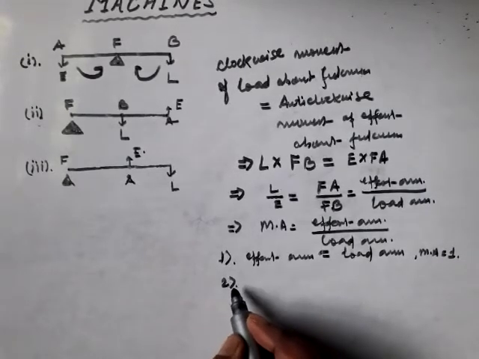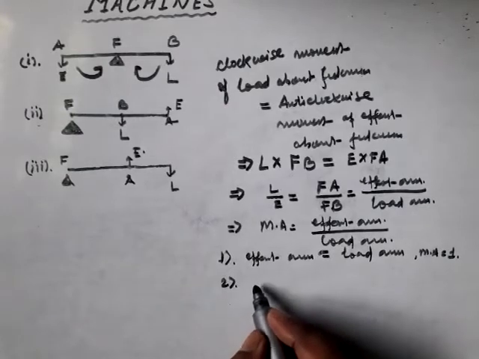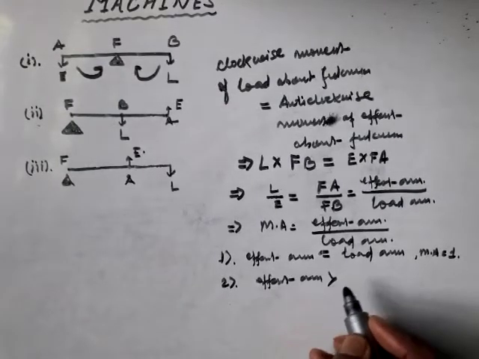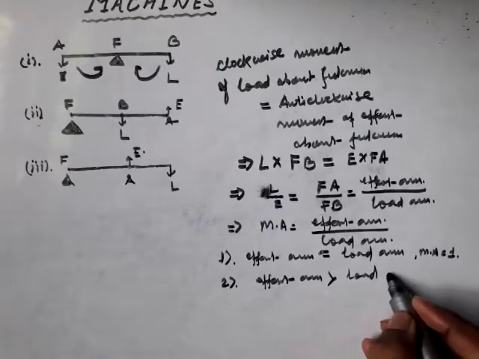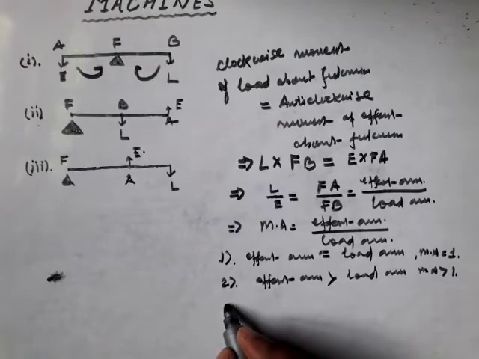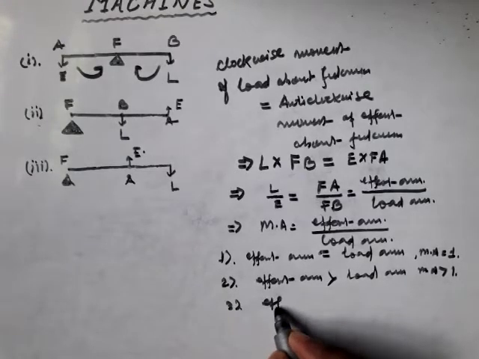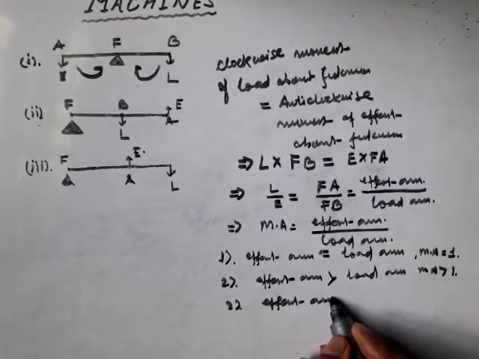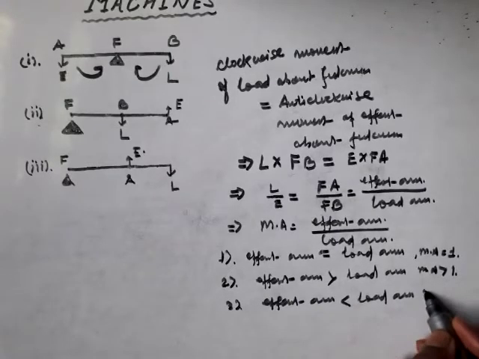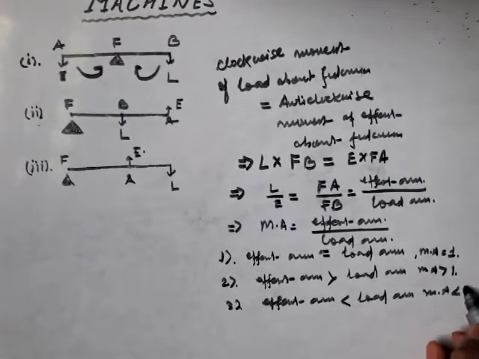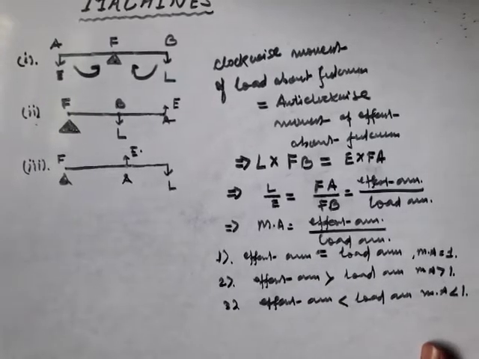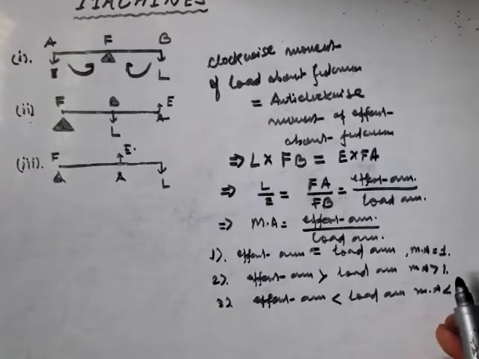And what happens when effort arm is greater than the load arm? Mechanical advantage is always greater than 1. And what happens when effort arm is less than the load arm? Mechanical advantage is always less than 1. So these are the criteria, and on the basis of this we can determine the machines.